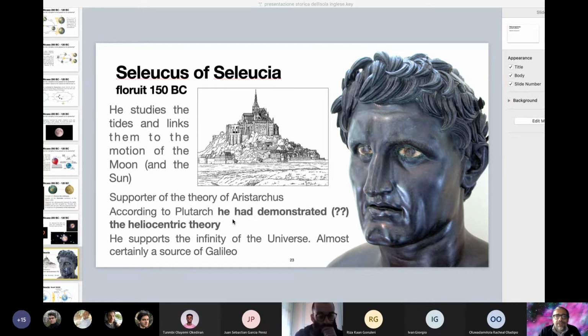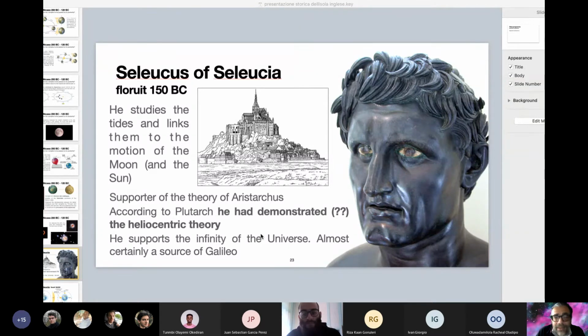Unfortunately, we don't have Seleucus' books, okay? What we know is that he studied the tides and managed to link them to the motion of the moon and of the sun. Not only that, we know that he supports the concept of the infinity of the universe. He claims that the universe is infinite.